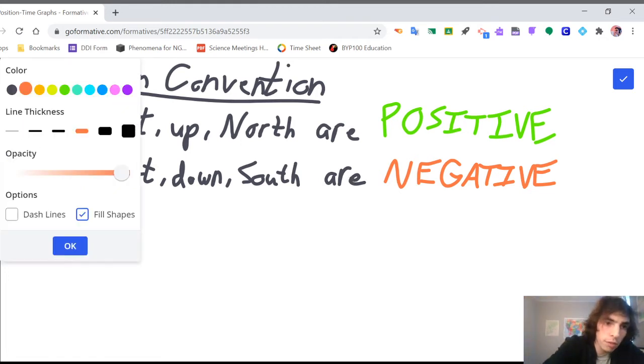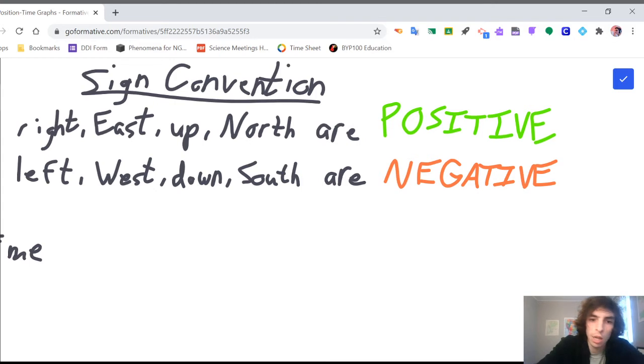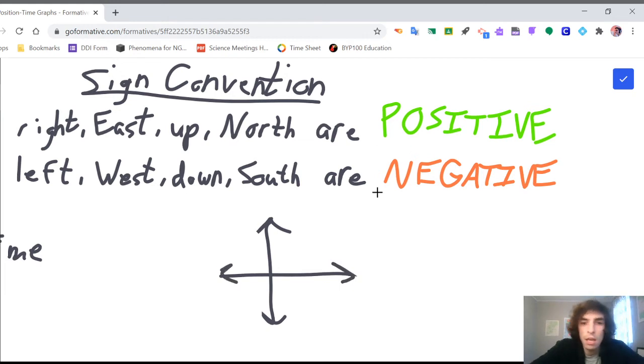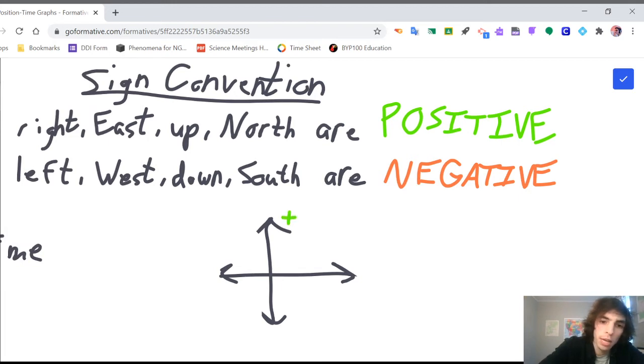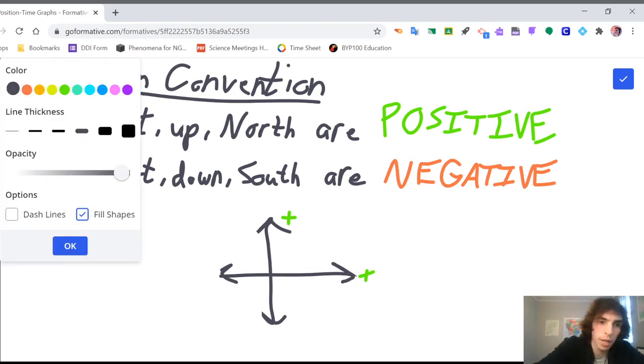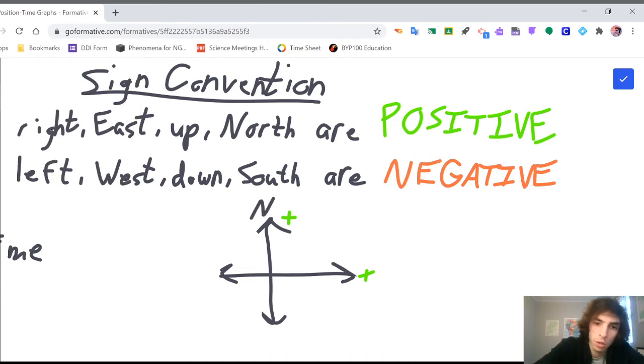And the origin of that is really just basically the coordinate plane. So we know in math classes in the past, the positive numbers on the y-axis are up, and the positive numbers on the x-axis would be to the right. And then in the same way, on our compass rose, we could have north, south, east, west.